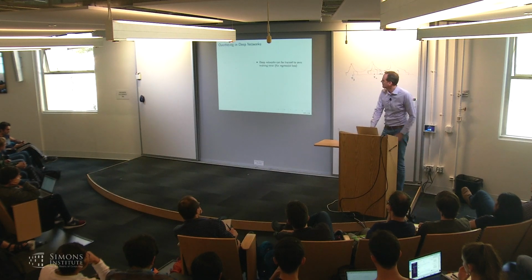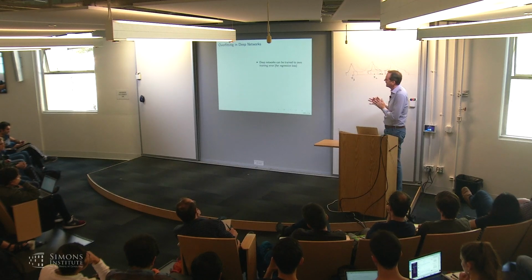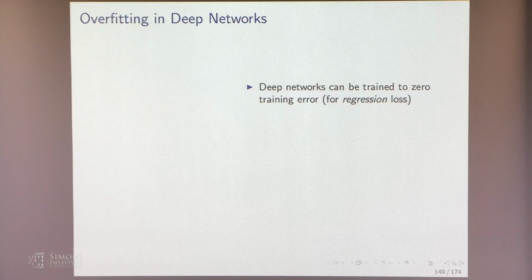So the observation is this: in practice people seem to train deep networks to zero training error, and we saw in Sasha's talk this morning that situation for classification, but here the same can be said for a regression loss, like squared error.